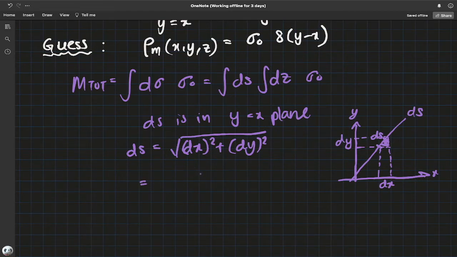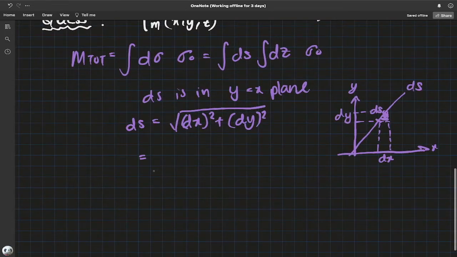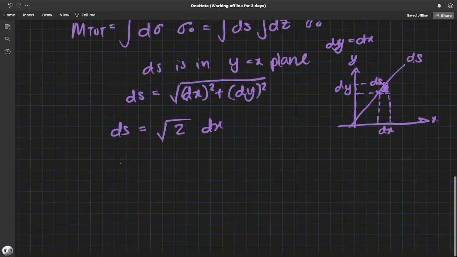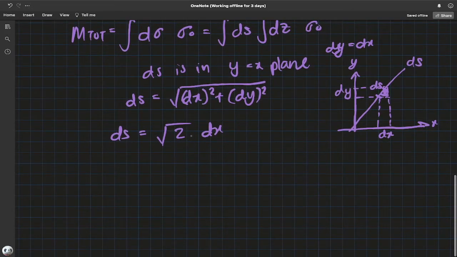Now just plug everything in. We know y is equal to x along this line, so differentiate both sides. We'll have dy is equal to dx. So I'm changing the dy to a dx, just substituting, and I get square root of 2 dx, that is ds. Just substitute and we get a regular double integral now.